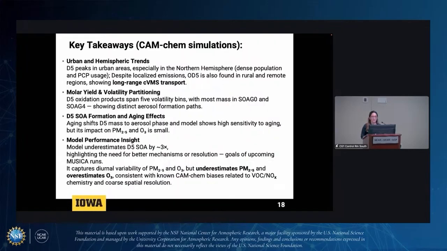Overall, we saw the D5 peaks in urban areas, and we saw the pattern of northern hemispheric and long-range transport. The aging effect enhanced the aerosol formation from D5 without any impact on other variables. And it underestimates PM2.5, overestimates ozone.